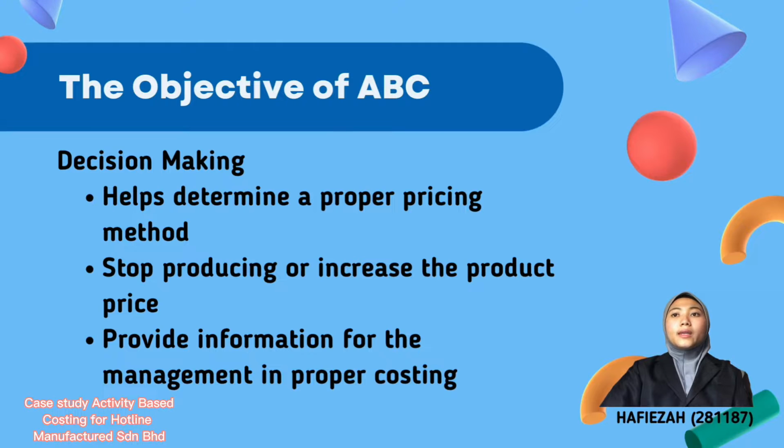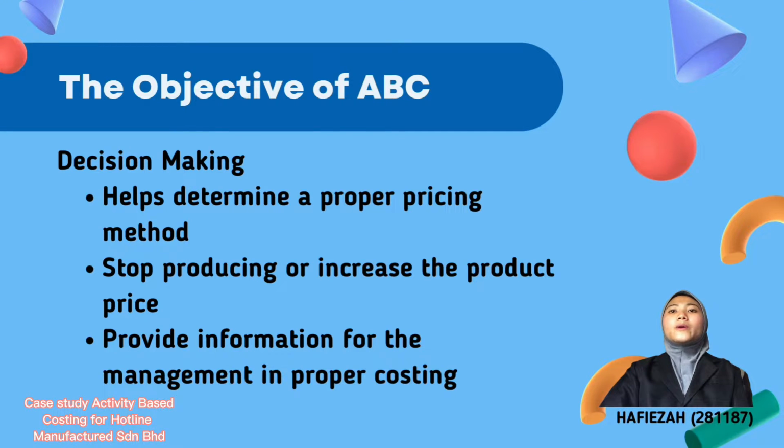Comparison can be obtained from external sources to decide whether the company should produce the product or outsource it. The company might stop producing or increase the product price if a product is identified as underpriced using ABC. This is important because if the company keeps on producing the product, it will make a loss once all the indirect manufacturing overhead is charged out to the product. On the other hand, the company can afford to reduce the product price if a product has been identified as overpriced using ABC.